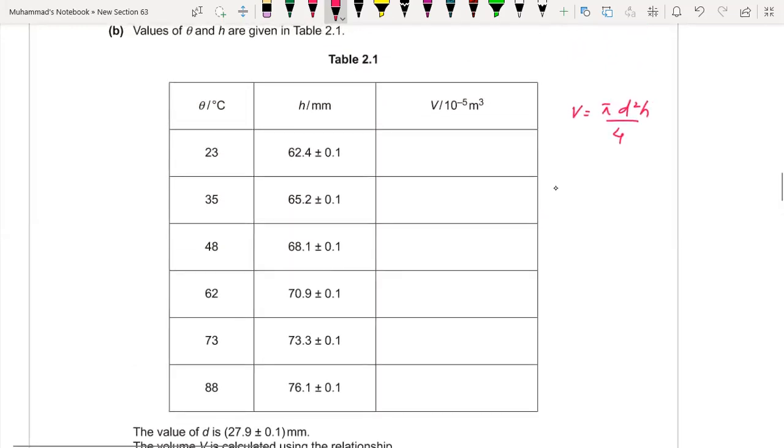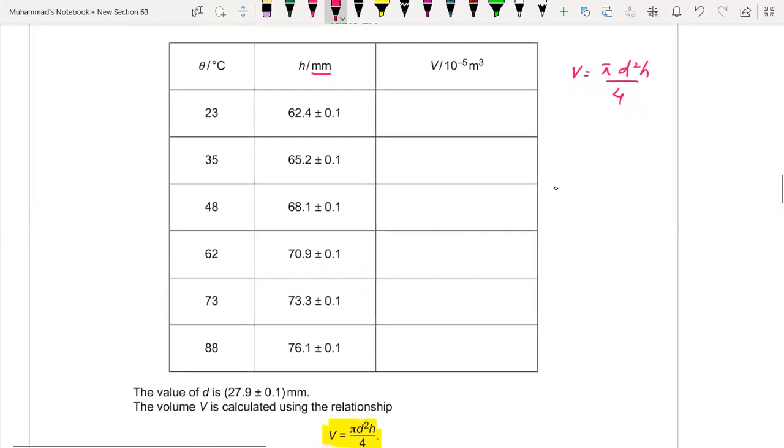You can see the value of h is given in millimeter, and the value of d is also given in millimeter. Okay, so let me calculate the value of V for the first. So V is pi, d is 27.9 times 10 to the power minus 3, that is in millimeter.